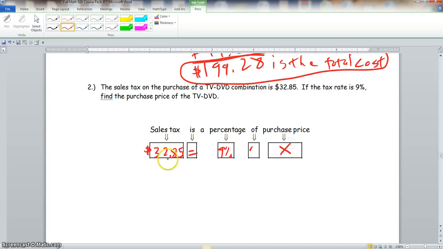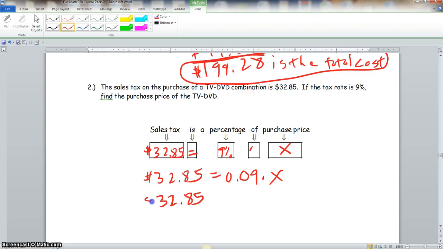We don't know what the purchase price is. So it'll be $32.85 is equal to, we'll change this 9% to a decimal, which is 0.09 times X. So we have $32.85 is equal to 0.09X. So we'll divide each side by 0.09.